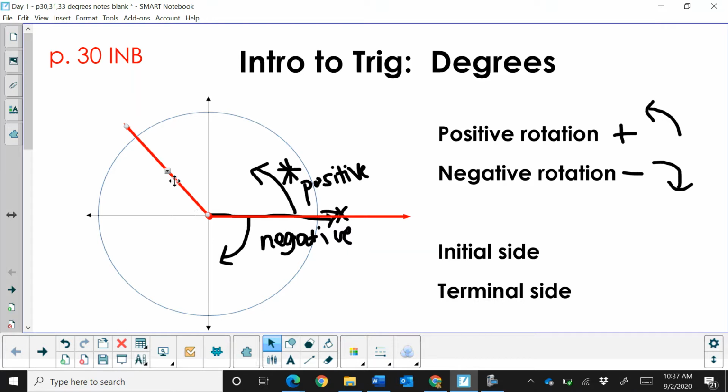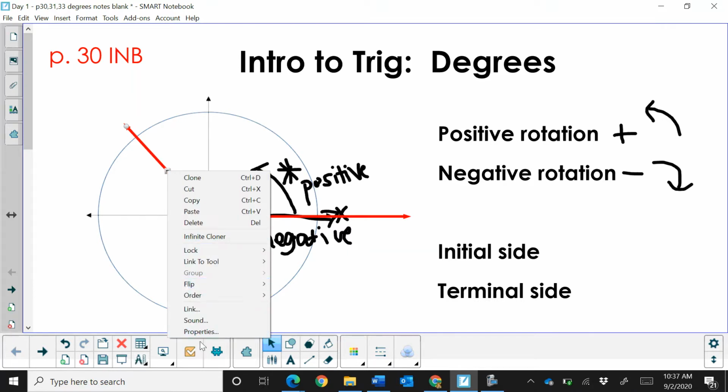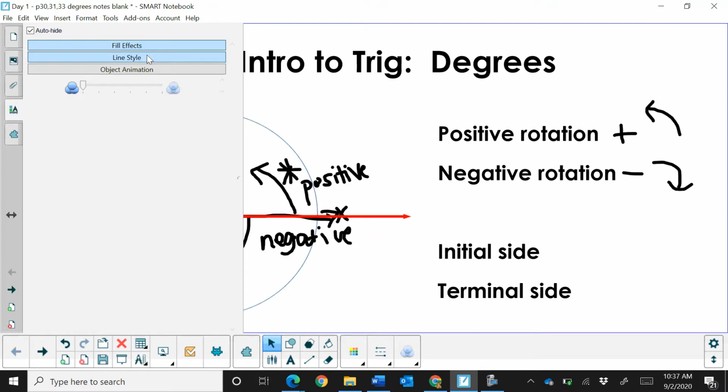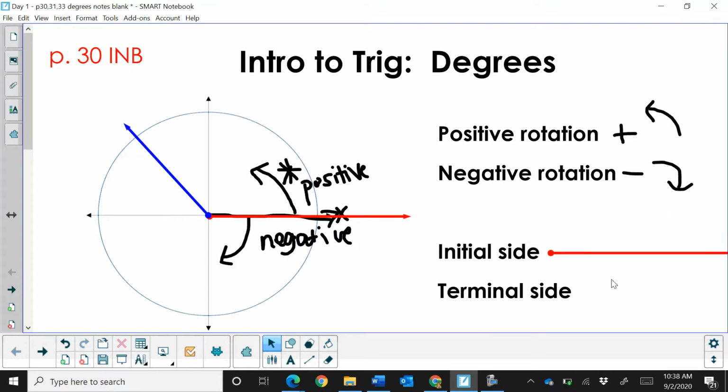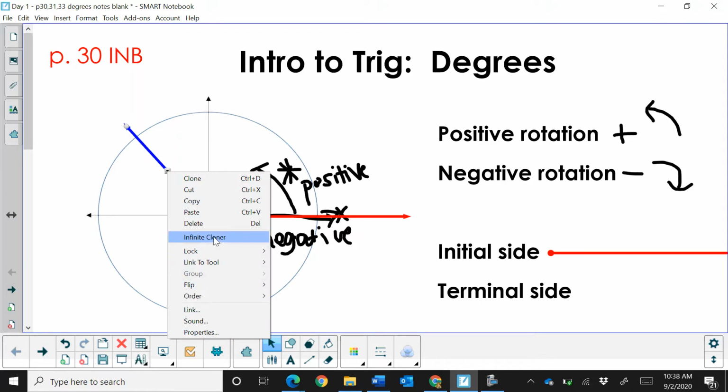This side, and I'll highlight this one in blue, that is going to be called your terminal side, or where the side ends. So the initial side is where it starts on the x-axis. And let's grab that so you can see the initial side. And then this terminal side is where this ends.